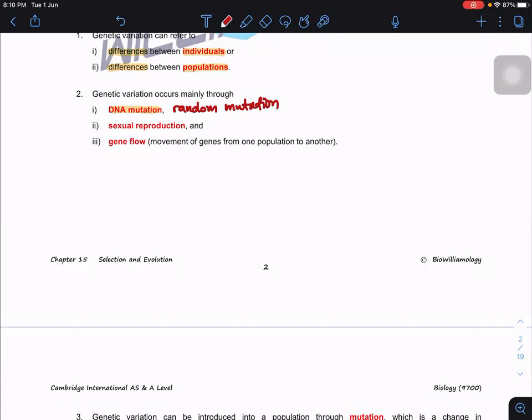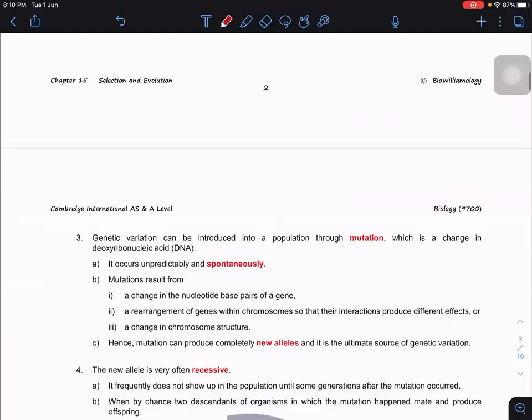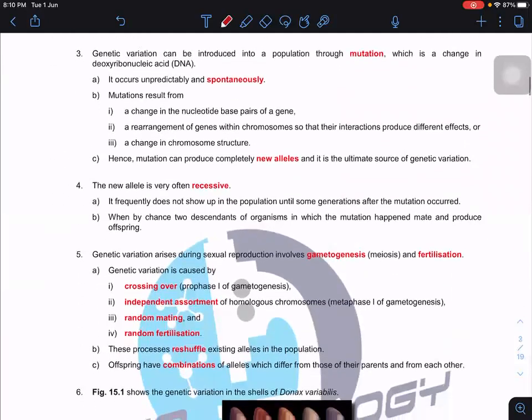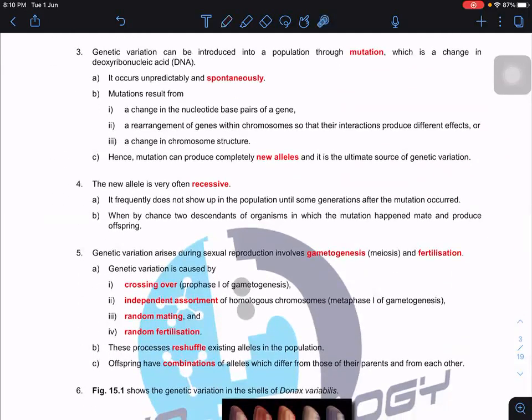The last part, gene flow, I will discuss in detail in the next 3 subtopics. So this one is a quick one. Genetic variation can be introduced into a population through mutation, and this occurs spontaneously and unpredictably. So it's a change of nucleotides.